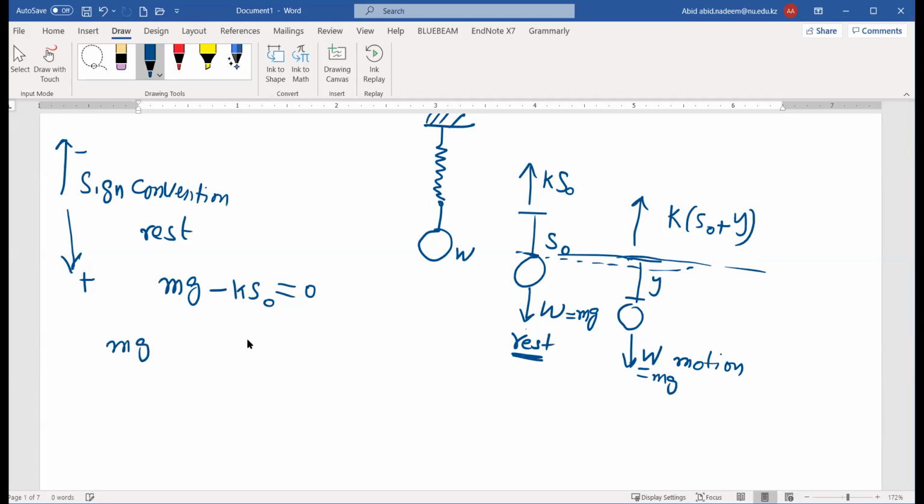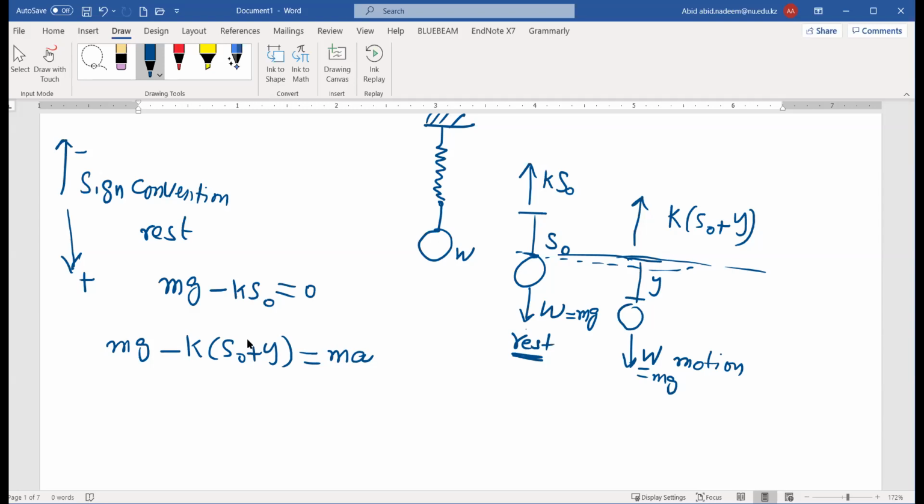The upward force is K times S naught plus Y, and from our sign convention, it will be minus K times S naught plus Y, where S naught plus Y is the total extension in the spring. Now there will be a resultant force because the mass is in motion. Since it is in motion, according to Newton's second law, that resultant force will be the mass times the acceleration.